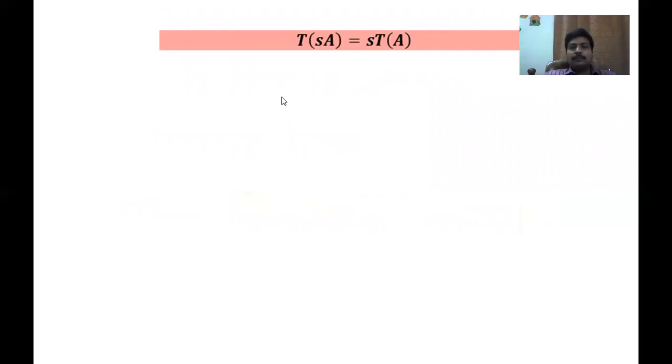Next, let us do that. T of SA is equal to S times T of A. Here I have taken S in place of C, since C is one of the components of the matrix. To avoid confusion, repetition, here we have C, so I have taken another scalar S. For scalar S, multiplying the matrix A by S, I get [SA SB; SC SD].